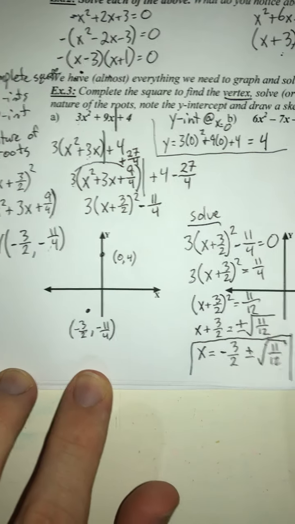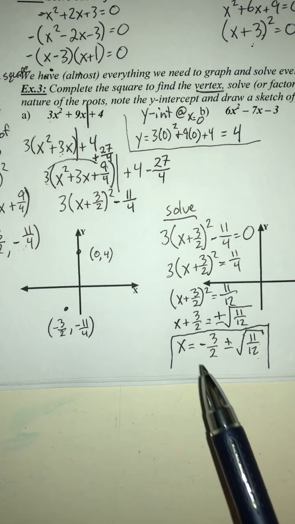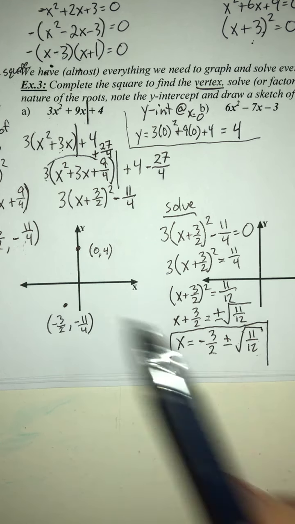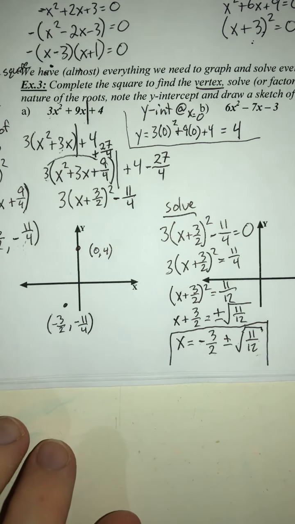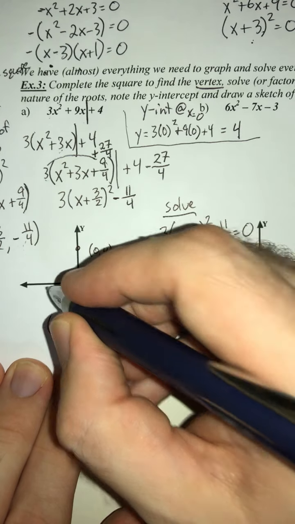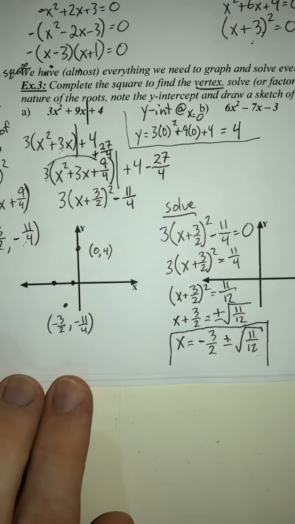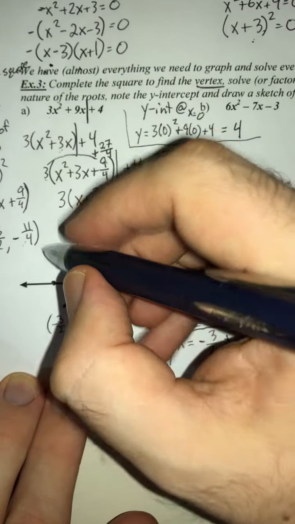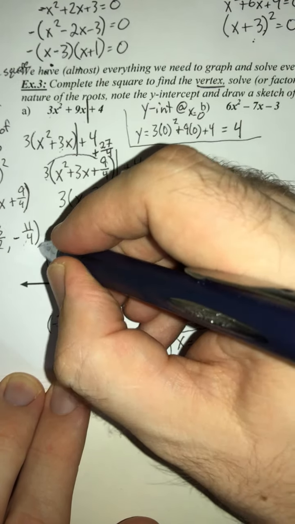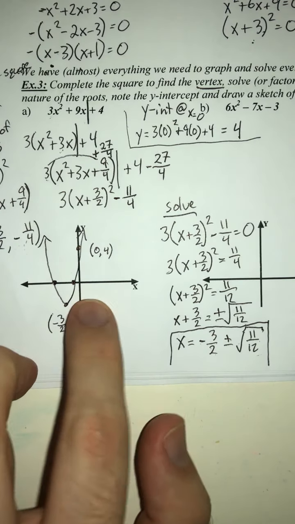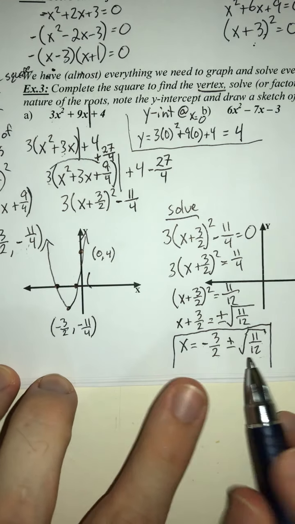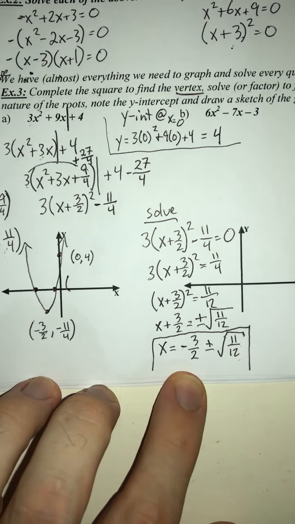Then my two x-intercepts. So just plug this into your calculator. Negative 3 over 2 plus root this. Figure out what the number is and approximate it. But just knowing what my graph should look like, I'm going to have here and here an x-intercept, because my quadratic needs to look like this. So I also need to indicate what these two points are. Here's my x value, so yes, you're going to have to write that in there.